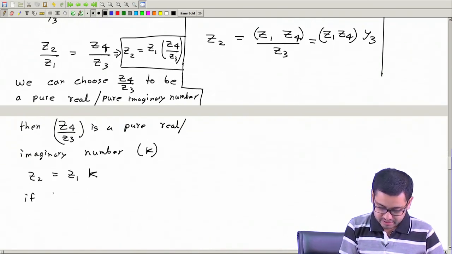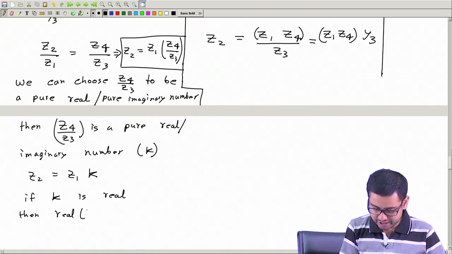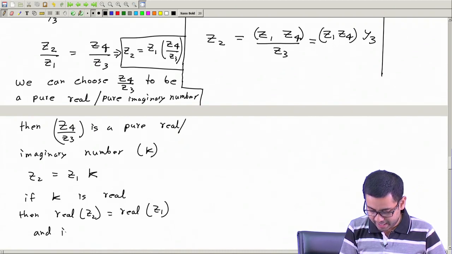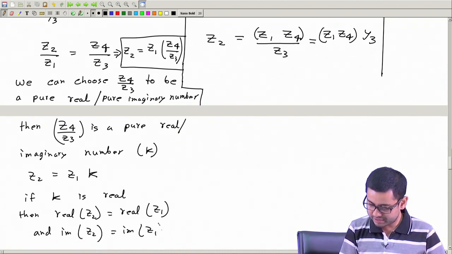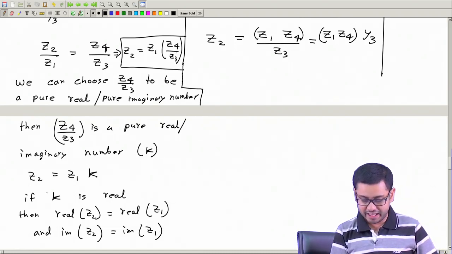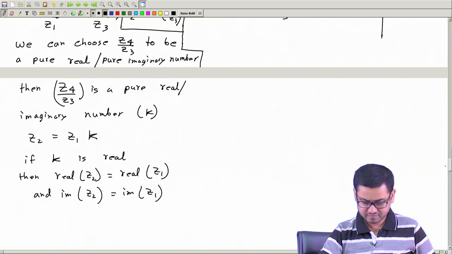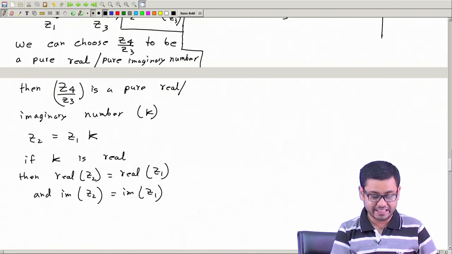If k is real, then real of Z2 will be same as real of Z1 and imaginary of Z2 will be same as imaginary of Z1. So, this is a pure real number. So, the balance equation becomes so simple if we do it in this way.